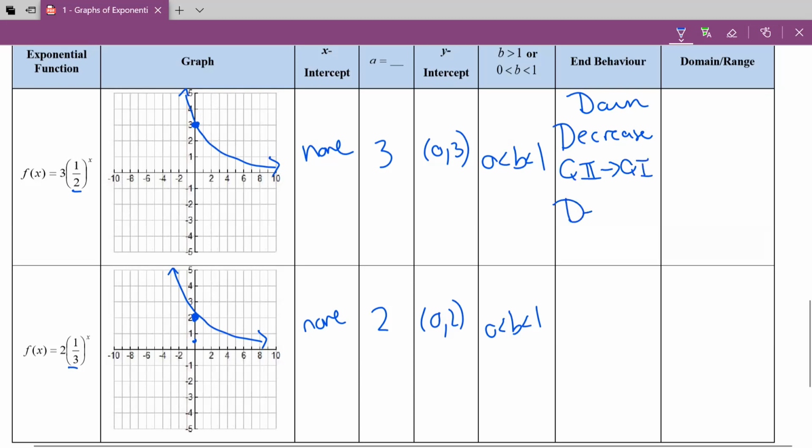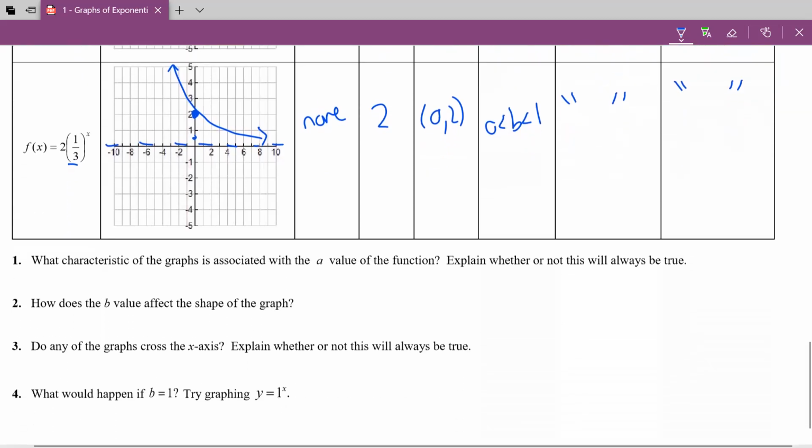Another good term for this would be a decay. Okay, this graph, the same. And domain and range are going to be the same as if we were increasing. X is an element of the reals, y is greater than 0. Okay, so you can see these are really, really basic graphs. And again, I just want to point out, it looks like your calculator is hitting the x-axis, but it never is. Okay, it never will in 30-2.